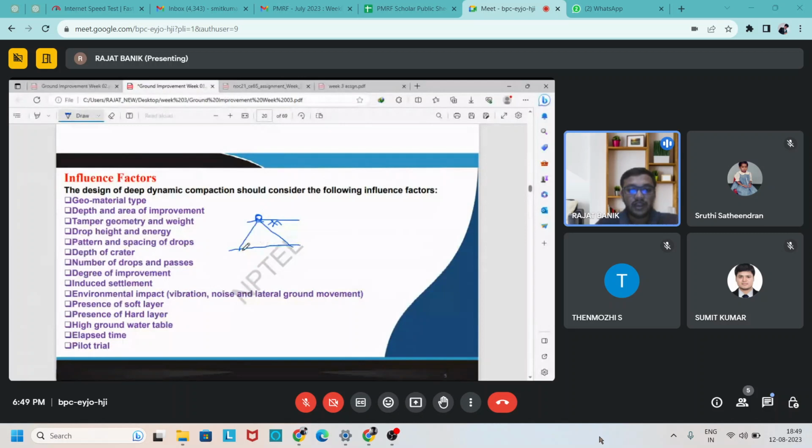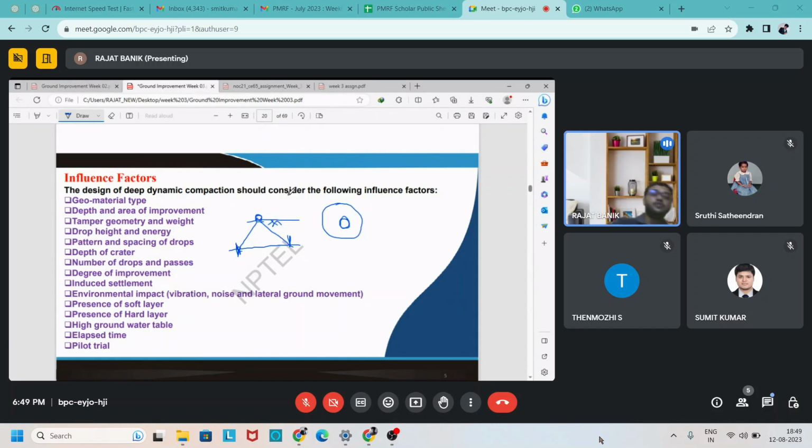So the effective improvement area is up to that much. Or in plan section we can say it is the tamper diameter. So the effective area is like that. It is influenced by how much area of improvement there is, like one drop or one tamping.